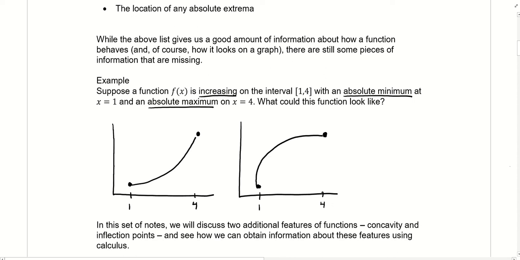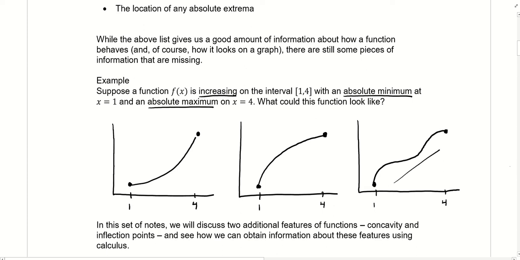It's still increasing, it still has a positive slope from 1 to 4, so it's still increasing on that interval. Or maybe I could have something like this. If I consider again the interval from 1 to 4, same endpoints, maybe my function is doing something like this.